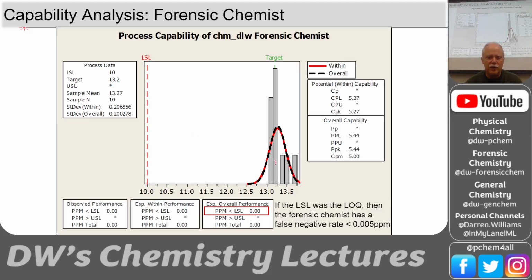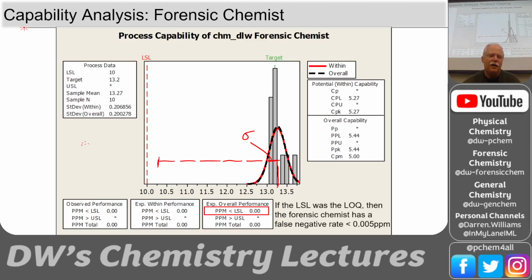Ideally, we would want to be here. This is our mean and this is our standard deviation. That's sigma. We would want to be 1, 2, 3, 4, 5, 6 away from our lower specification limit. So this forensic chemist is easily meeting the 6 sigma limit.